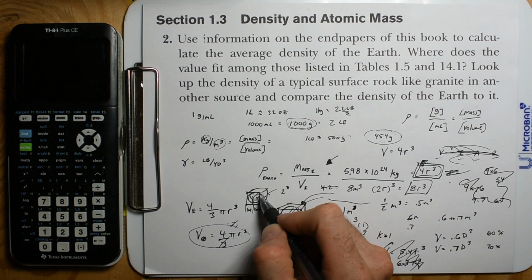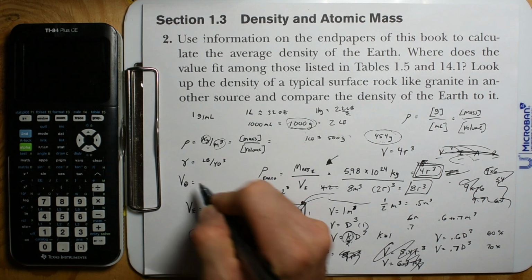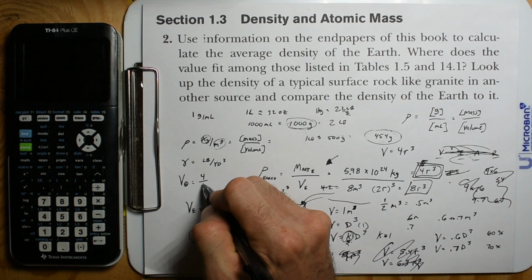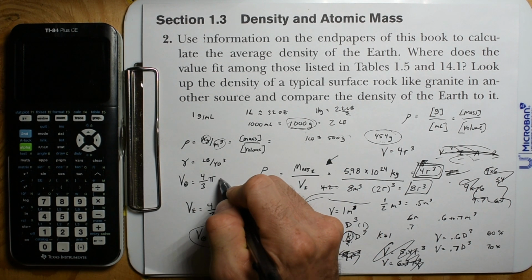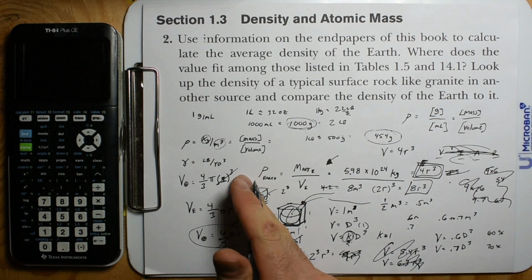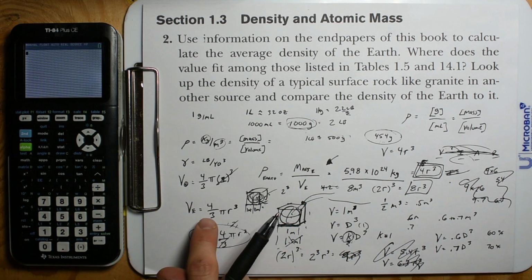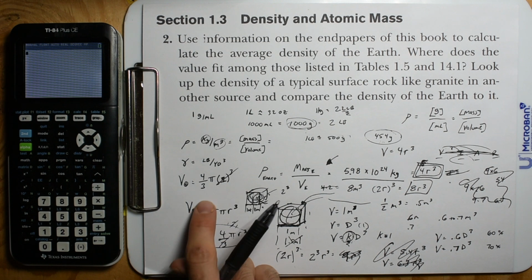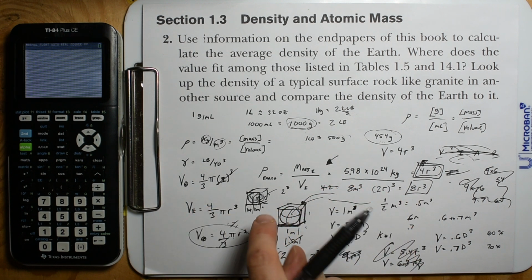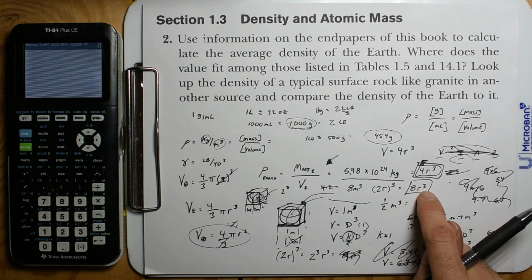When you do throw a sphere inside a cube, the actual equation is going to be 4/3 pi r cubed, but we're going to have a radius of 1. So the actual volume is, and we thought, I don't even know what we thought. Oh, we thought it was half of 8r cubed.